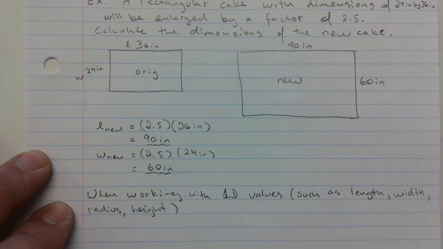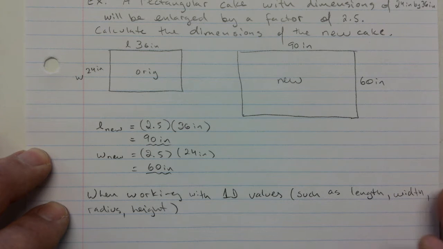Then it's always just going to be the k, the way you've seen it so far. Okay.